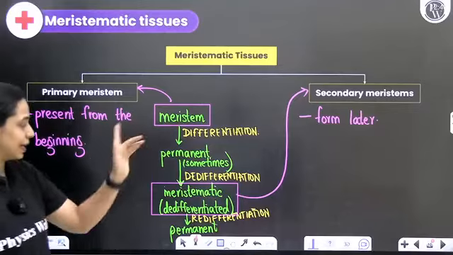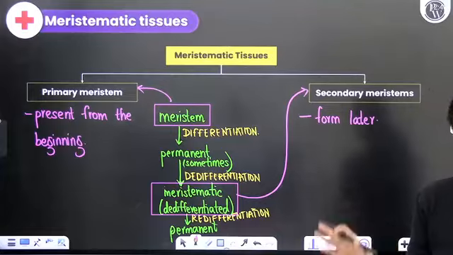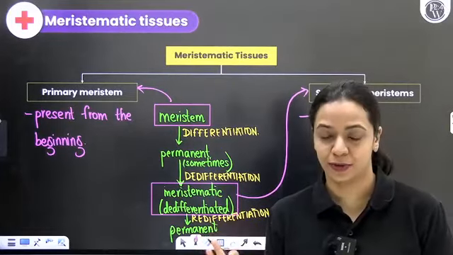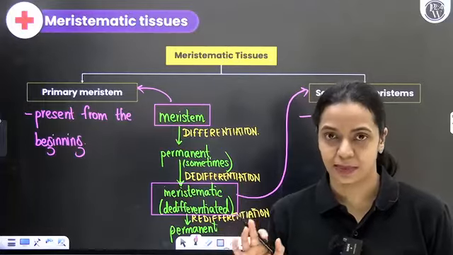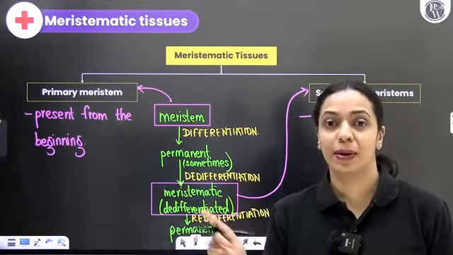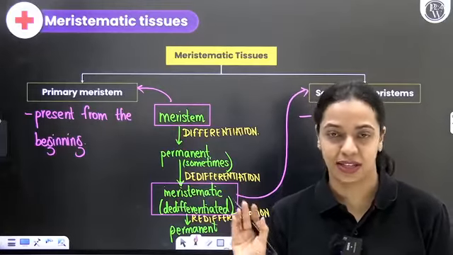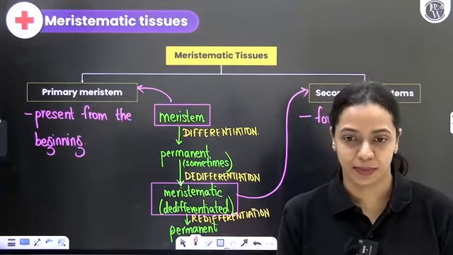Okay, if it is forming later, you call it secondary meristem. If it had always been there from the beginning of the life of the plant, it is primary meristem. If it's forming later, it is secondary meristem. How will it form later? It will form from permanent tissues by a process called de-differentiation. De-differentiated meristem is your secondary meristem.